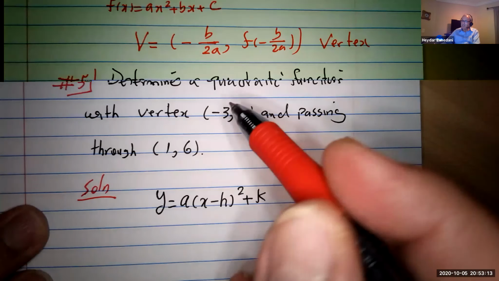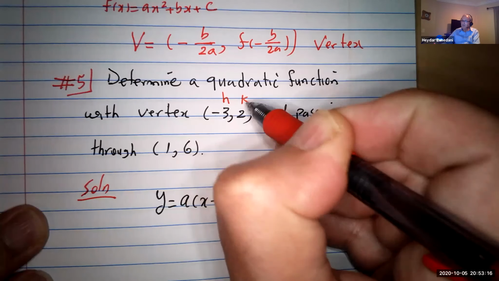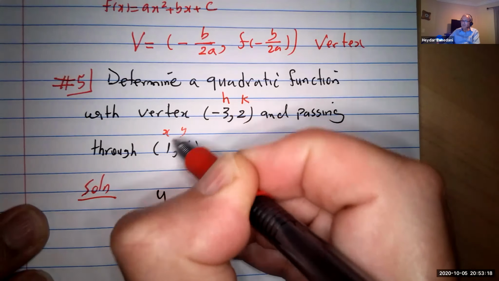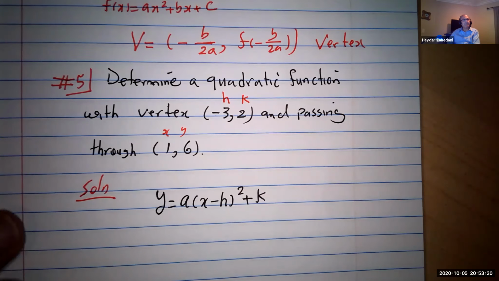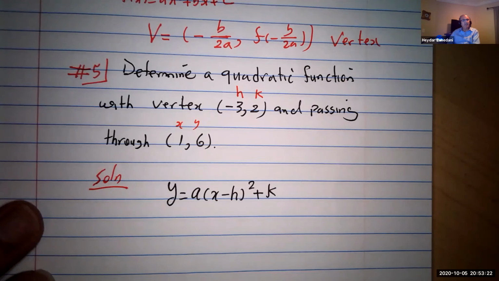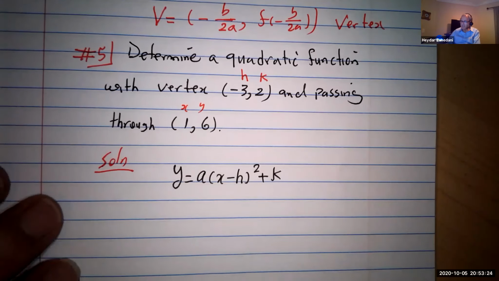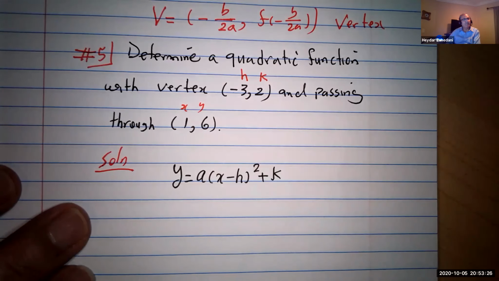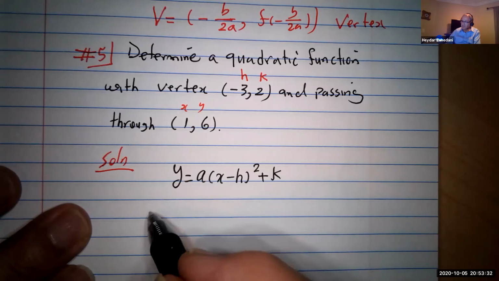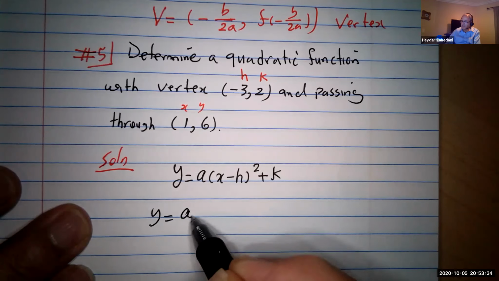Vertex is h and k. Point is x and y. You can get the h and the k first, it depends. So your function is, so far, a is missing.